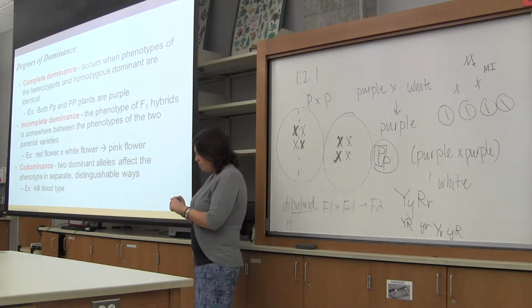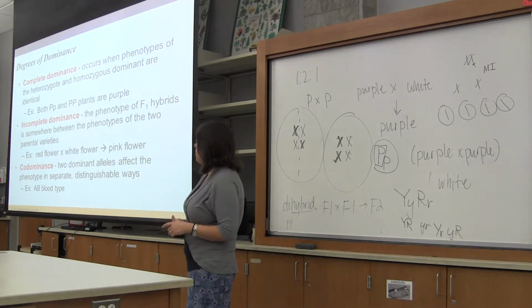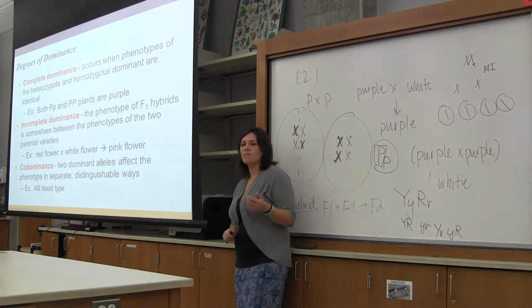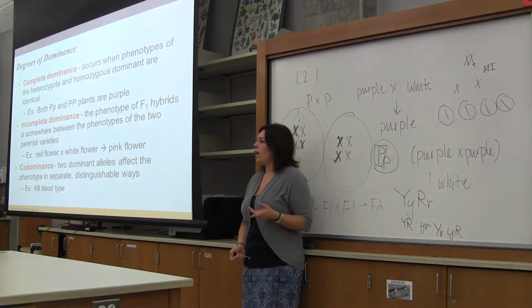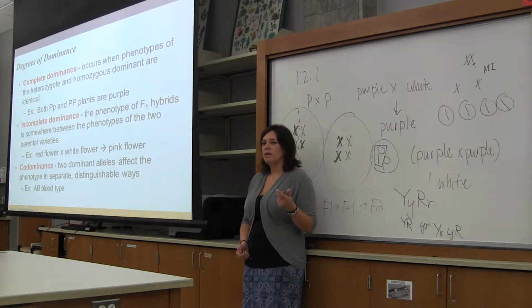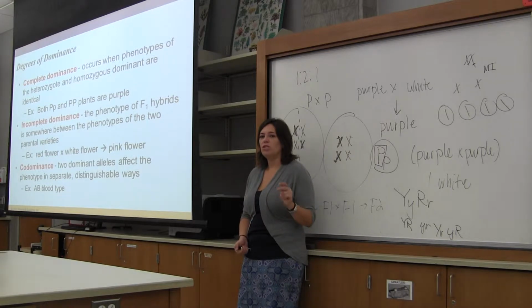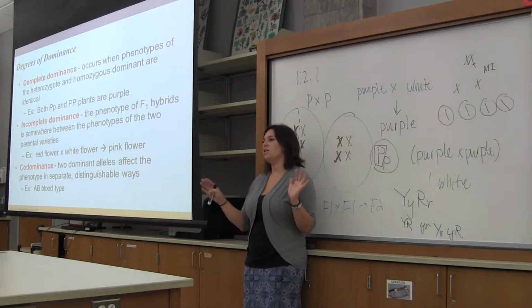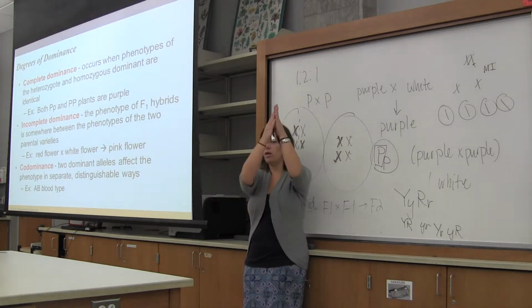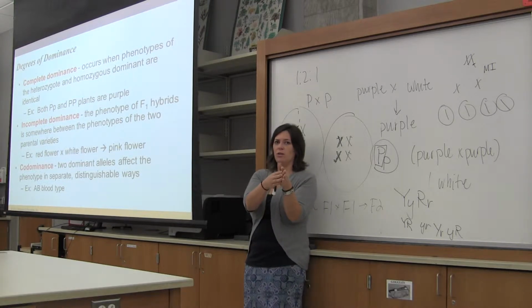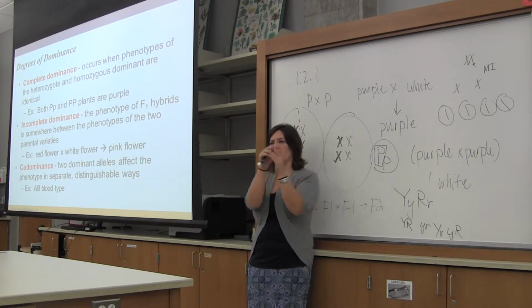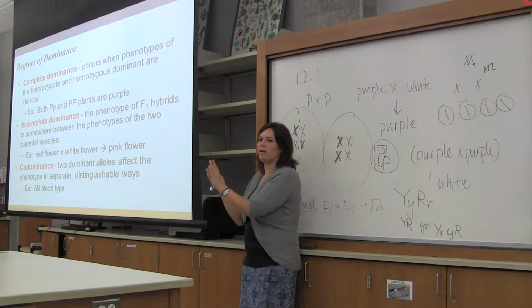And then the other type of deviation in dominance is called codominance. Codominance is where you have 2 alleles that both contribute to a phenotype independently. So we've been talking about the purple flower allele coding for the purple flower, and the white flower allele coding for the white flower.